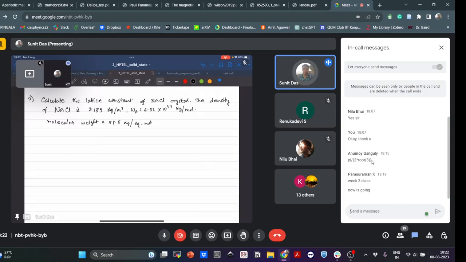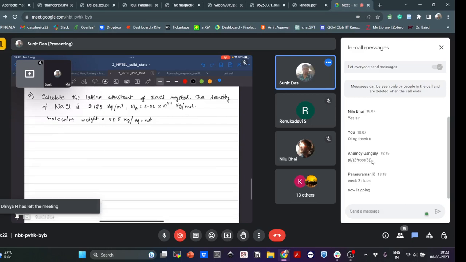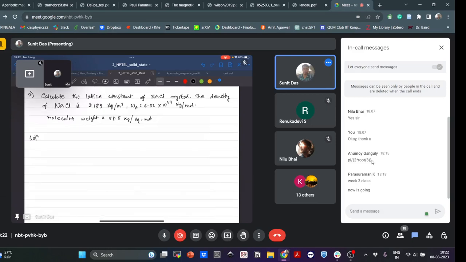So you have to find the lattice constant of NaCl crystal. The information is density, Avogadro number, and the molecular weight. So please try to find out, then I'll solve.